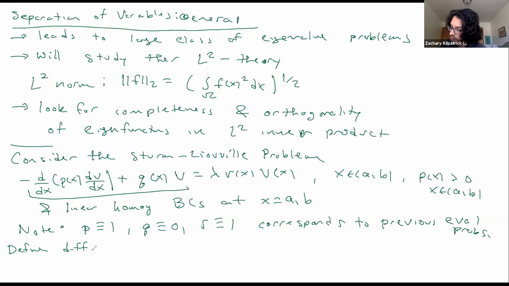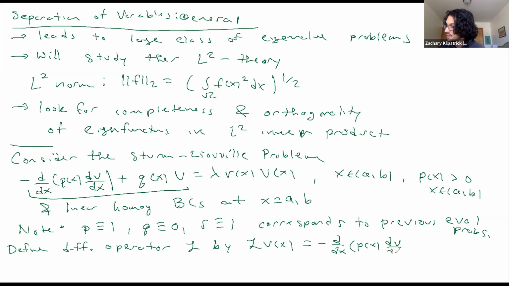So let's define the differential operator, we'll call it curly L, by L acting on some function V of x is equal to minus d/dx of p of x dV/dx, plus q of x V of x. Okay, so just the left-hand side of this equation up here.